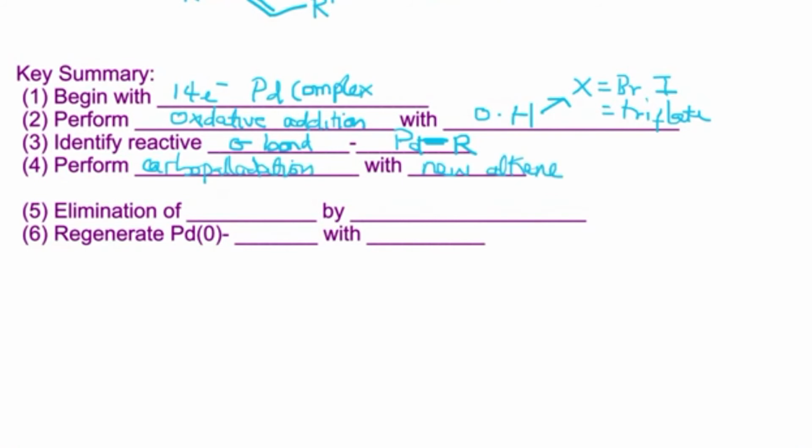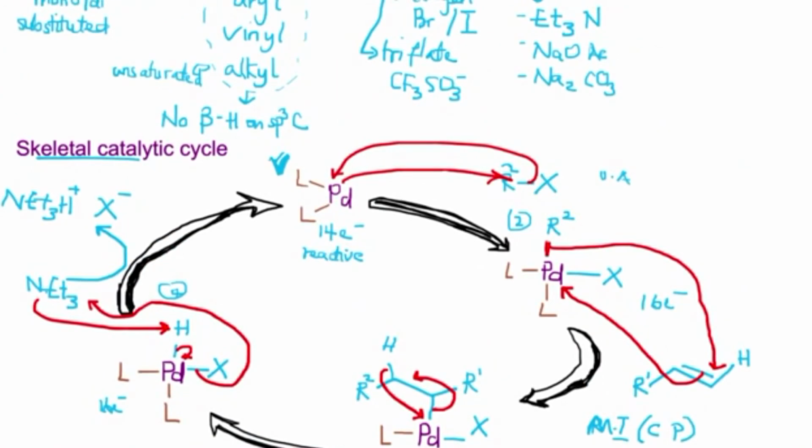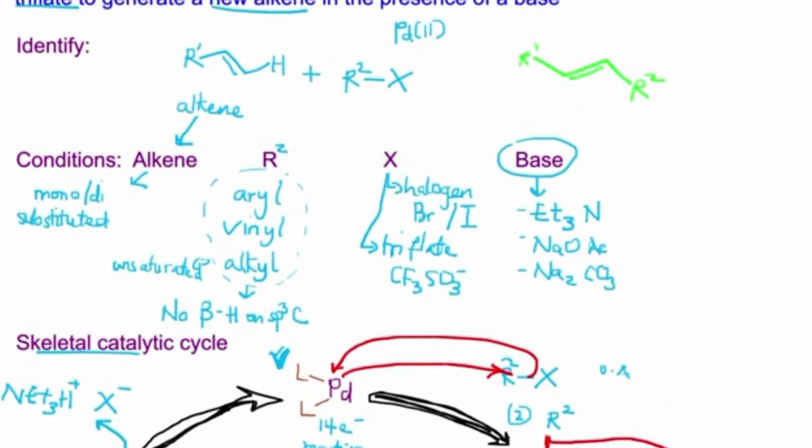Once that is done, you perform your elimination of the new alkene by a process called beta hydride elimination, and finally regenerate our palladium 0, which has 14 electrons in the complex, in the presence of a base. So that's about it for the key summary of the Heck reaction following a skeletal catalytic cycle and the conditions in here.